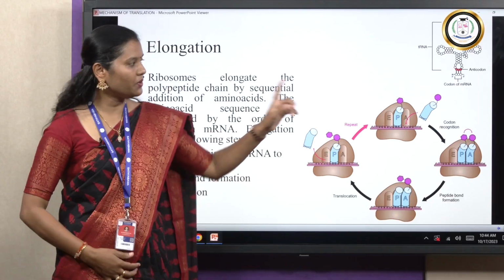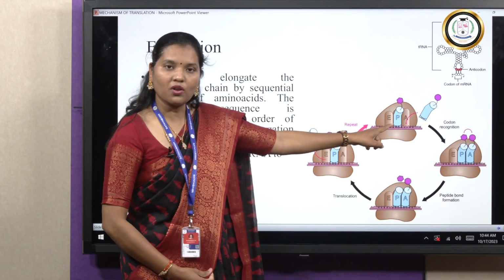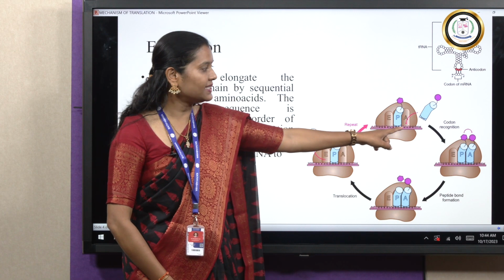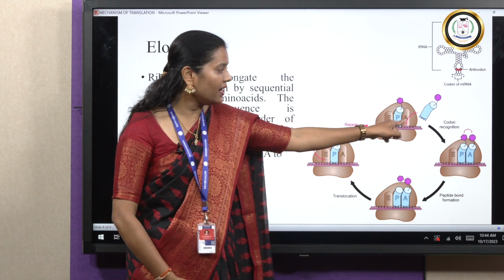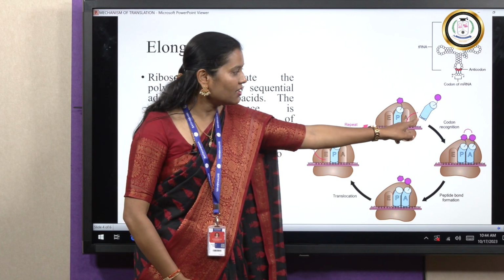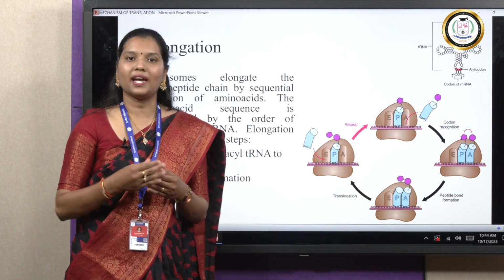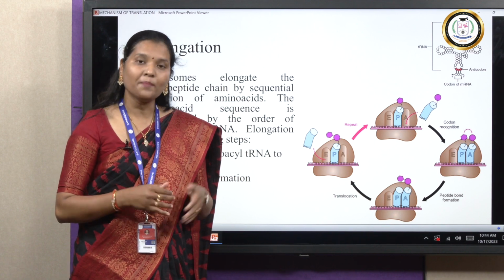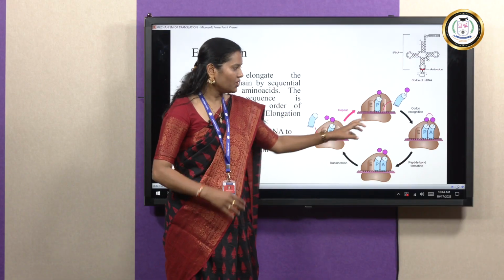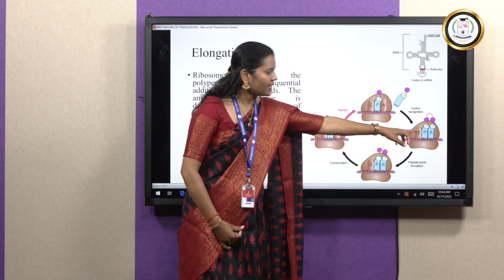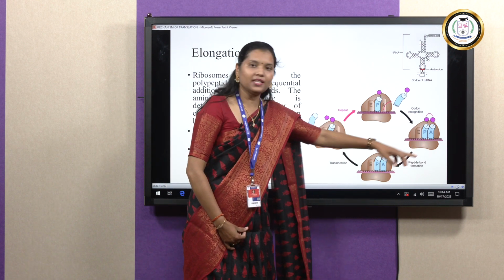You can see here the P site is already loaded with the Met tRNA, the A site is empty, and another activated tRNA is trying to enter the A site. It checks for the codon complementarity between its anticodon arm and the mRNA and tries to join there. Once joined, you can see the second aminoacyl tRNA has joined the A site.